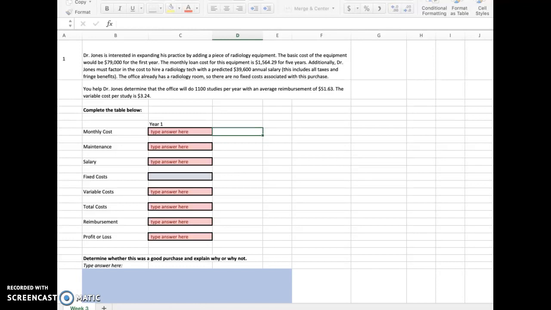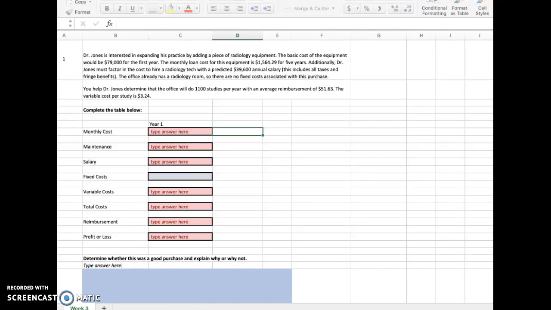You help Dr. Jones determine that his office will do 1,100 studies per year with the average reimbursement of $51.63 per study, and the variable cost per study, so the amount that it could be higher or lower, would be about $3.24, and that would be based on insurance reimbursements, what's contracted with the patient's insurance.